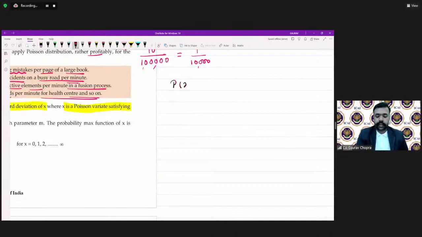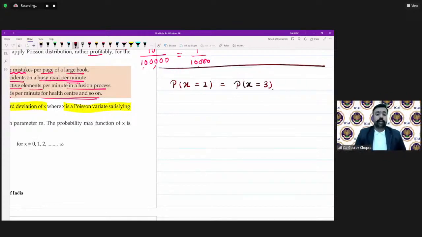P x equal to 2, and on opposite side we are having x equal to 3. Now don't get worried with such kind of question. These type of questions are very easy. Since it is P means probability, just apply the formula for probability and you will get your result. So we are applying e to the power of minus m.